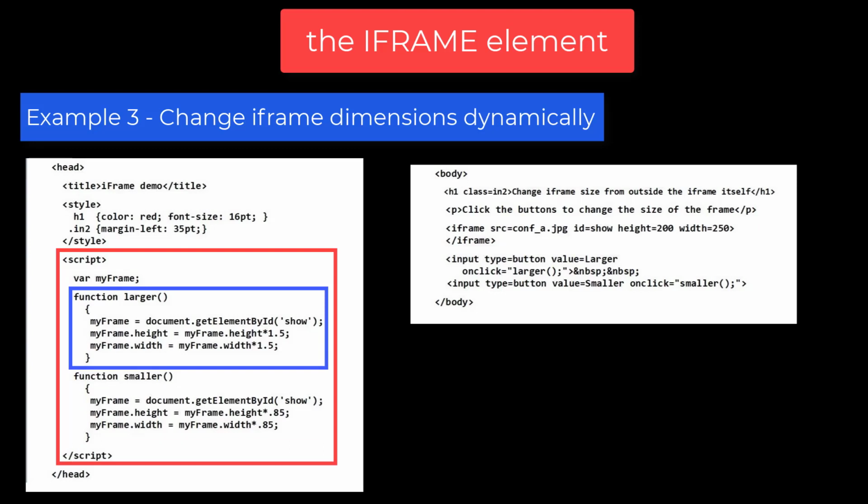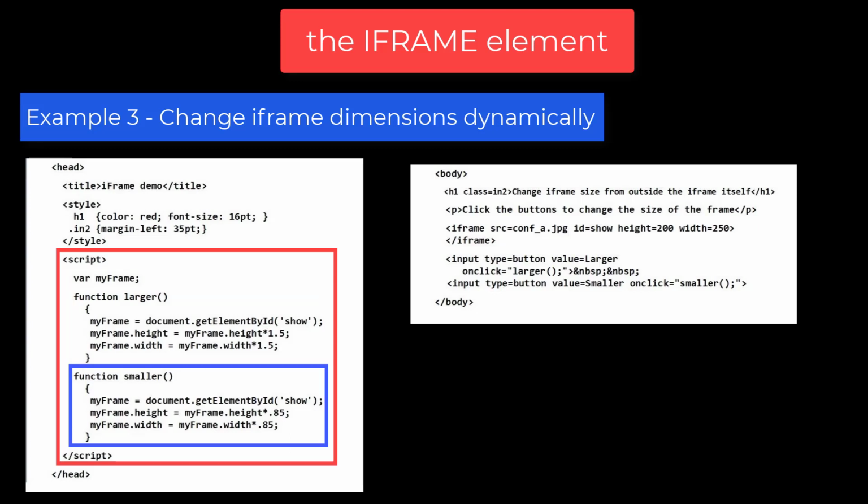In larger, into myFrame I put document.getElementById parenthesis show. In other words, I get the frame element into that variable. And then I change the height and the width. Notice the myFrame.height is myFrame.height times 1.5, and myFrame.width is myFrame.width times 1.5, so I stretch them by 50%.